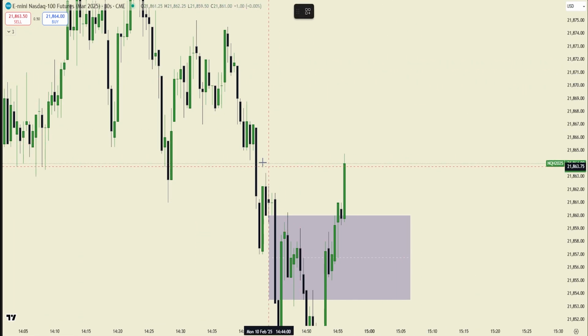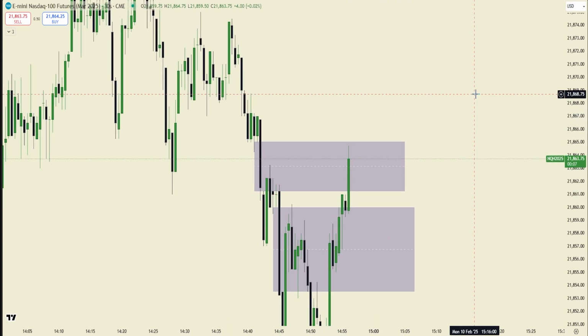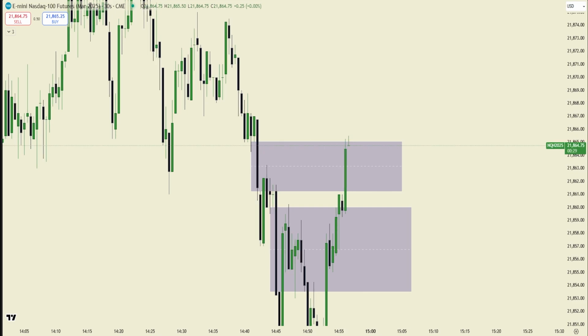Got to close over this 30-second now too in order to confirm higher prices. So no close over there. All right, pretty good momentum.